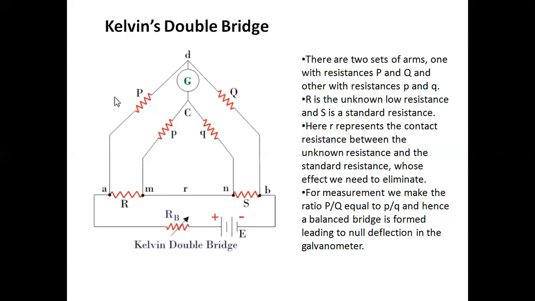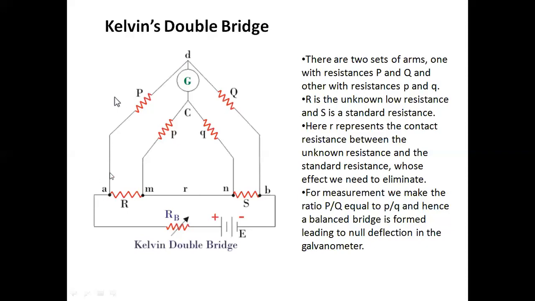Okay. Now for the measurement, we make the ratio capital P by capital Q equal to small p by small q, and hence the balanced bridge is formed, leading to null deflection of the galvanometer. So in the balanced bridge, there should not be any current flowing through the galvanometer. In that situation, what will happen? Try to understand.